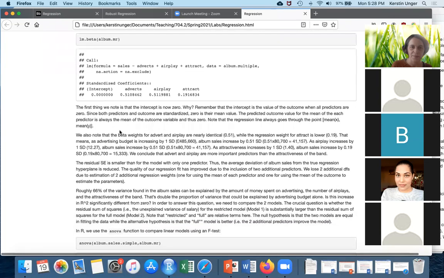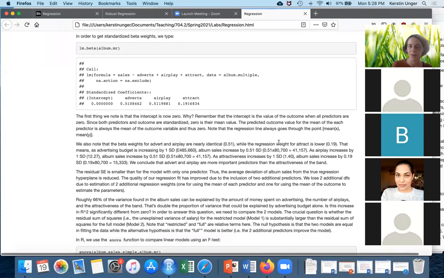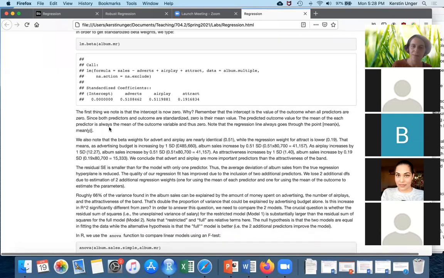Okay. So we also know, keep that in mind, that the regression line always goes through the point mean x, mean y, and that is also true for multiple regression. So it always goes through the point mean x1, mean x2, mean x3, mean y. If you have 3 predictors, it's like a 4-dimensional space. And then it's not a regression line anymore, it's of course a hyperplane.